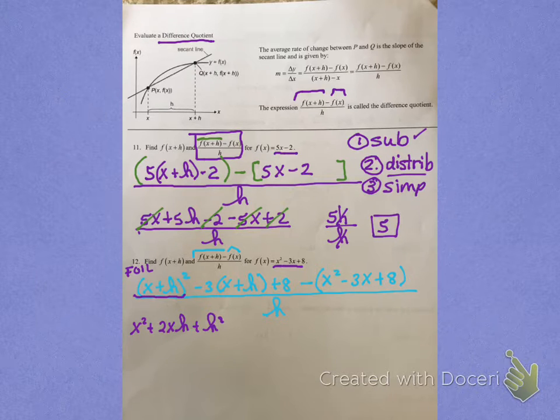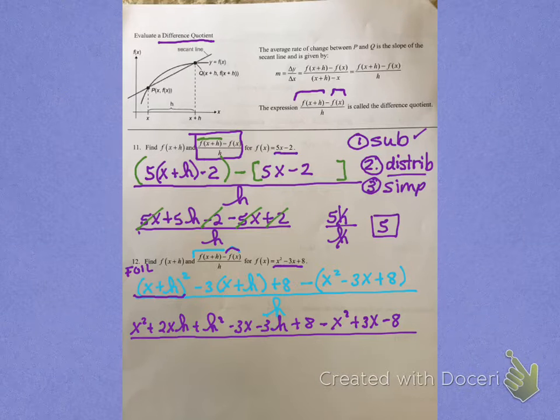Now then, minus 3x minus 3h, and then plus 8. And now we'll work on this piece. Simplifying it, minus x squared plus 3x minus 8, all over h.